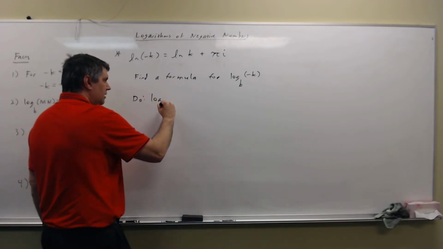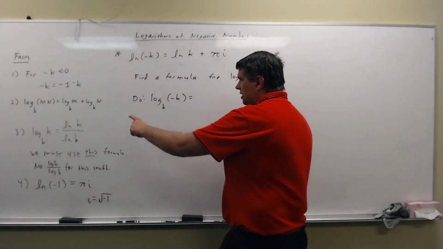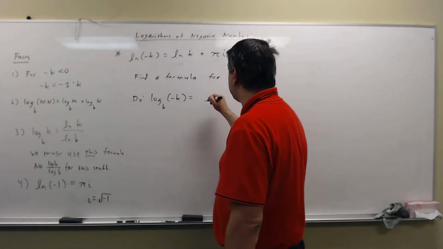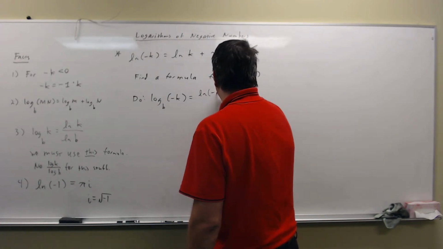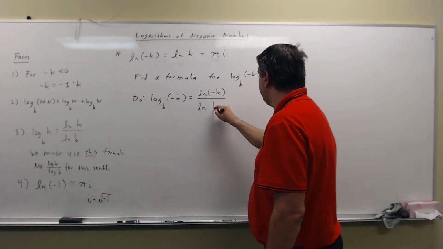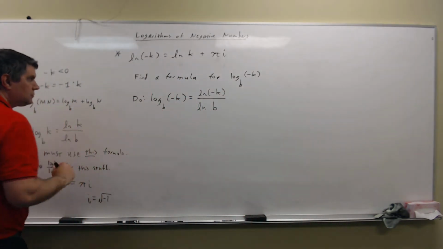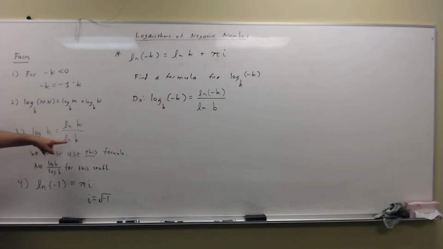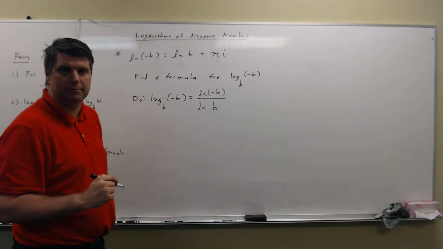Log base b of negative k is equivalent to, we're going to use this formula right here, the natural log of negative k over the natural log of b. It follows from this rule. The log base b of your argument is the natural log of the argument over the natural log of the base. The argument here is negative k, the base is b.